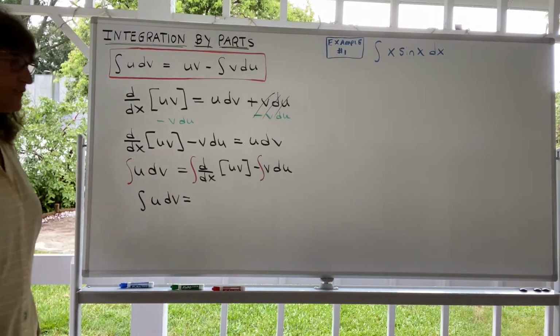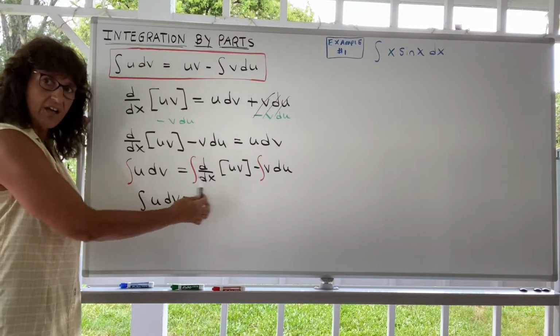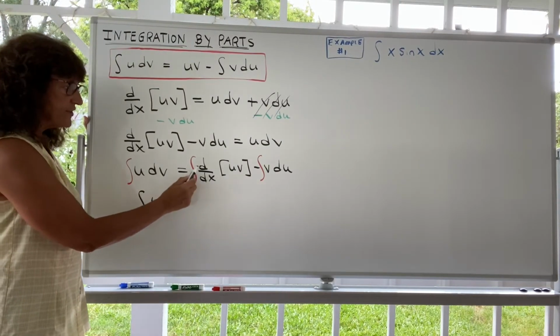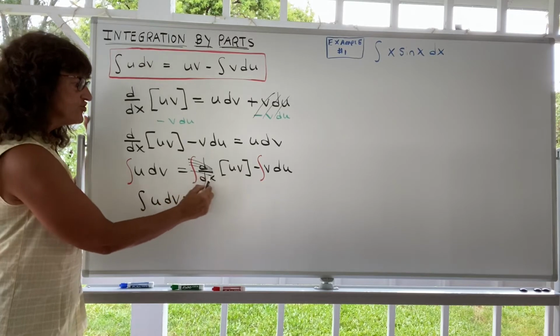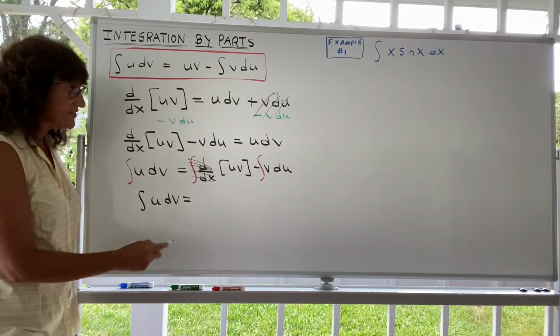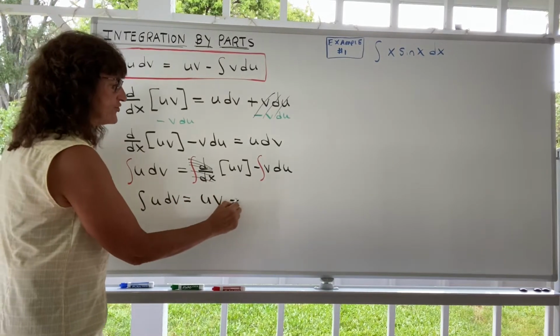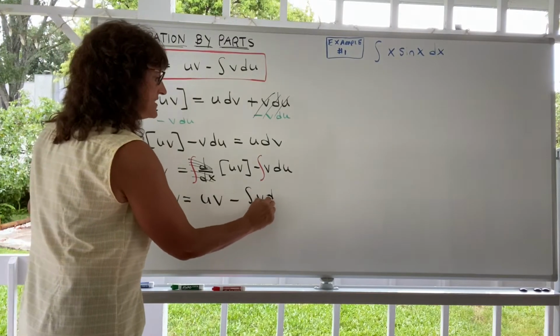The right-hand side, you're integrating a derivative. These operations are inverses of each other, opposites of each other, so you're just undoing the derivative. The integral of the derivative cancels out, so you have your u times v left over. Then you're subtracting from that the integral of v du.